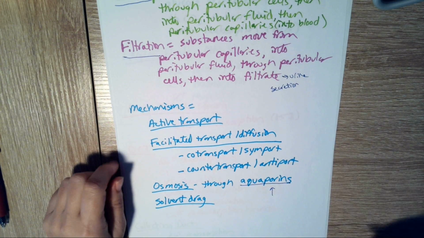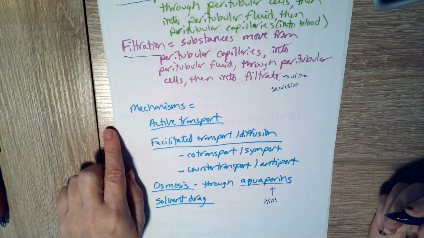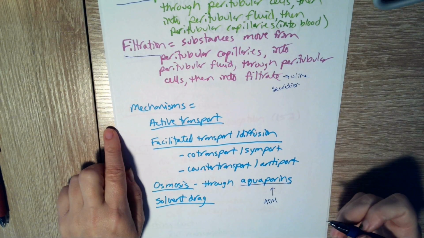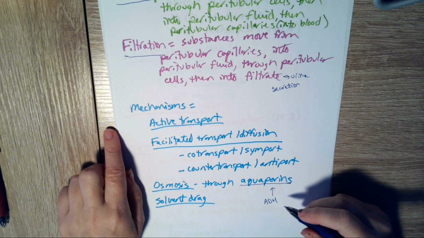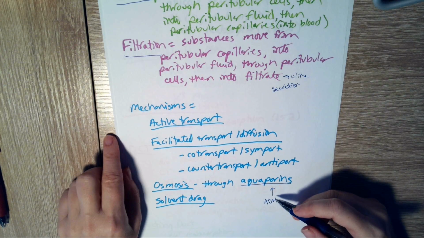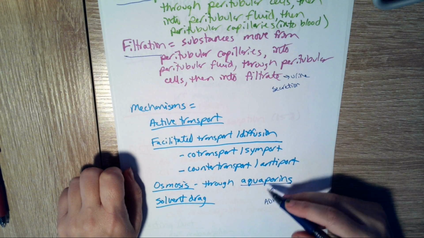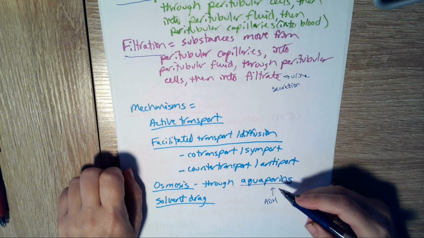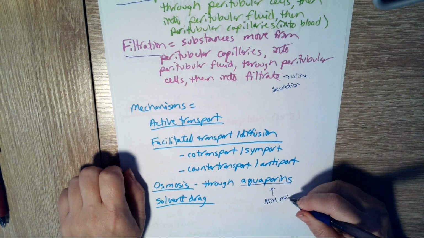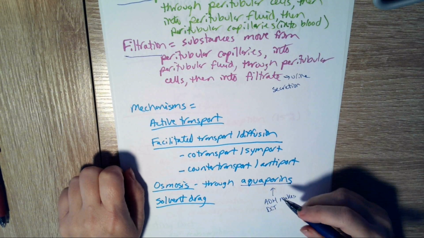One little note about aquaporins is that ADH, antidiuretic hormone, which we know from our endocrine system unit way back when, feels like a year ago now, helps you reabsorb sodium and water to raise your blood pressure. But one of the mechanisms it works by is that it helps the distal convoluted tubule express more aquaporins.